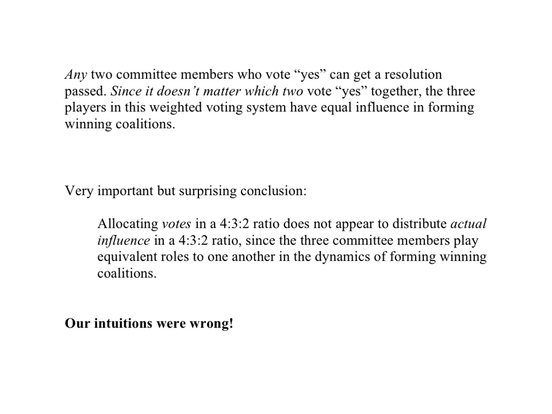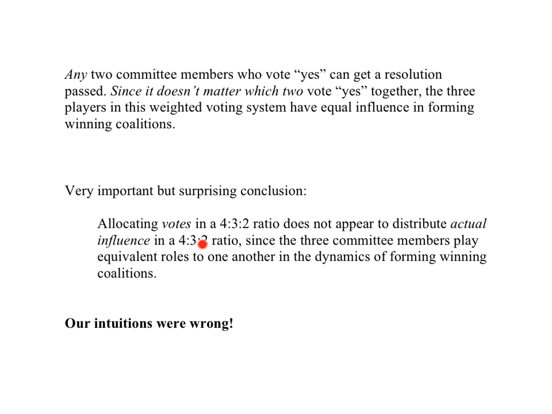Or, to put it another way, they have equal amounts of power, equal amounts of actual power on this committee. That leads us to a very important, albeit surprising, conclusion. Allocating votes in a 4-to-3-to-2 ratio does not appear to distribute actual influence, actual power in a 4-to-3-to-2 ratio.